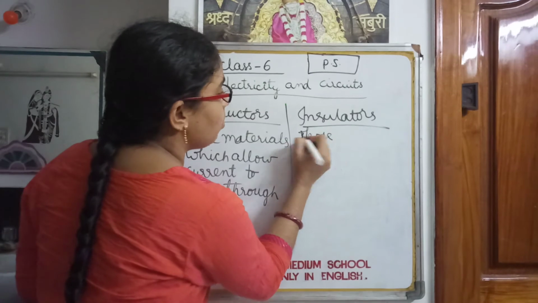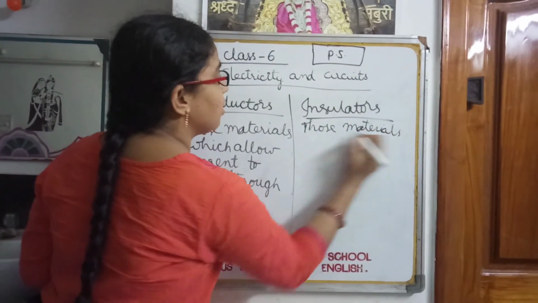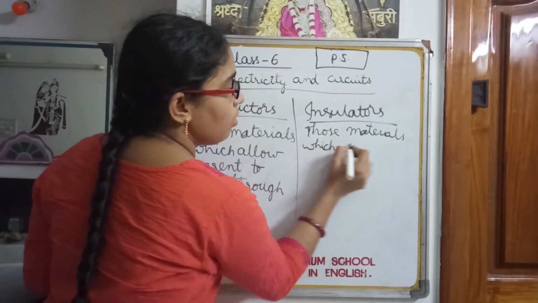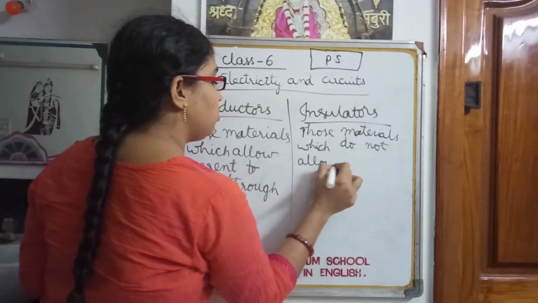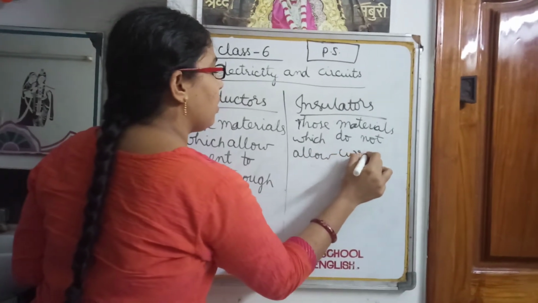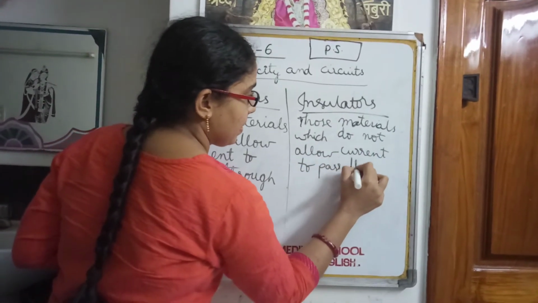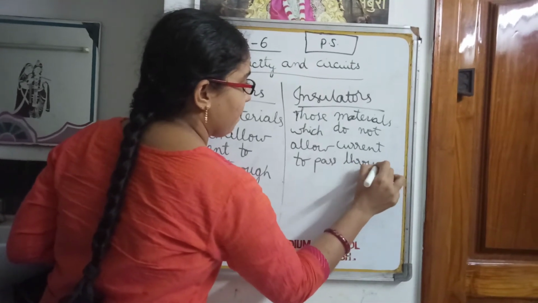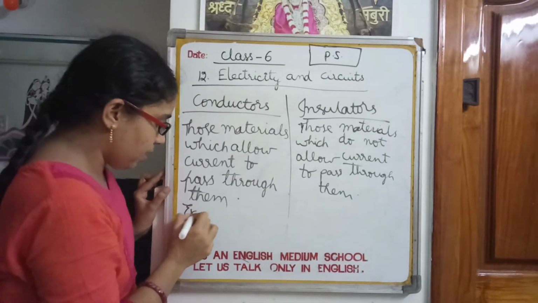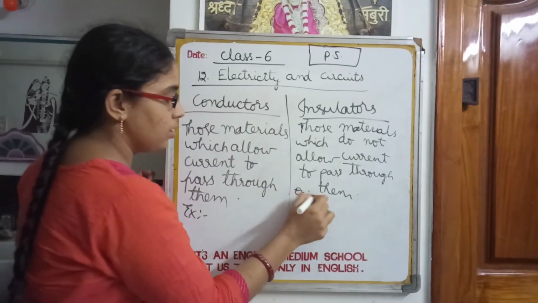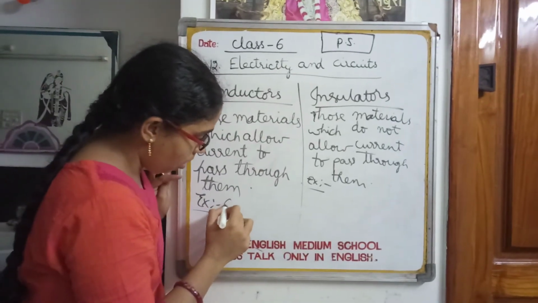Insulators are nothing but those materials which do not allow current to pass through them. So I am going to give the examples of conductors and insulators. See children, examples of conductors are all metals.